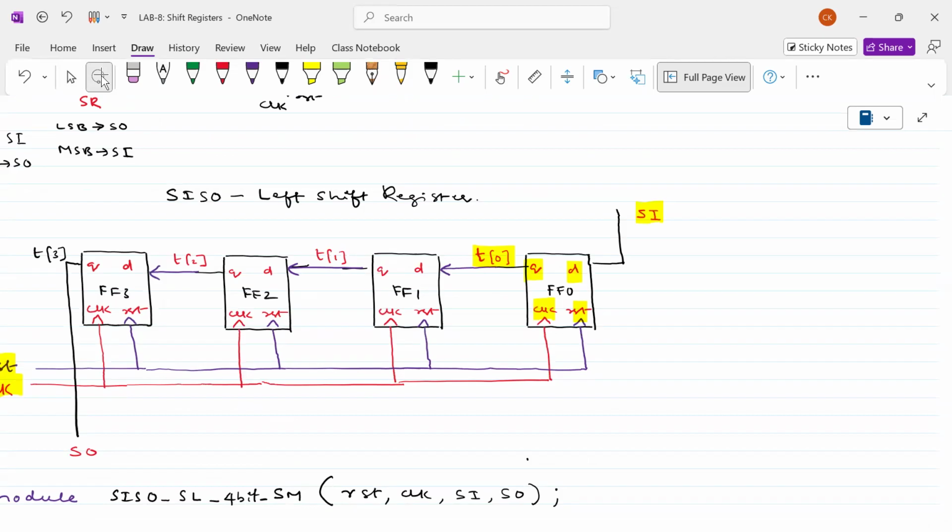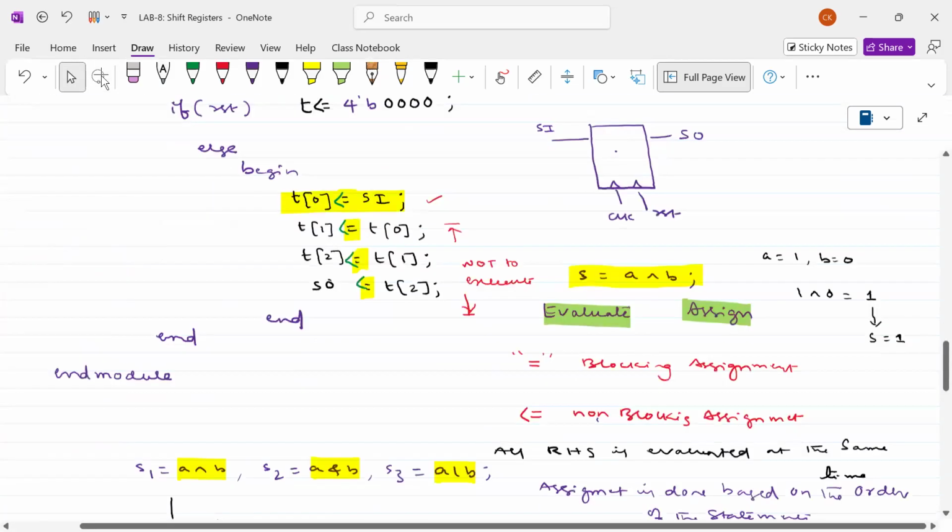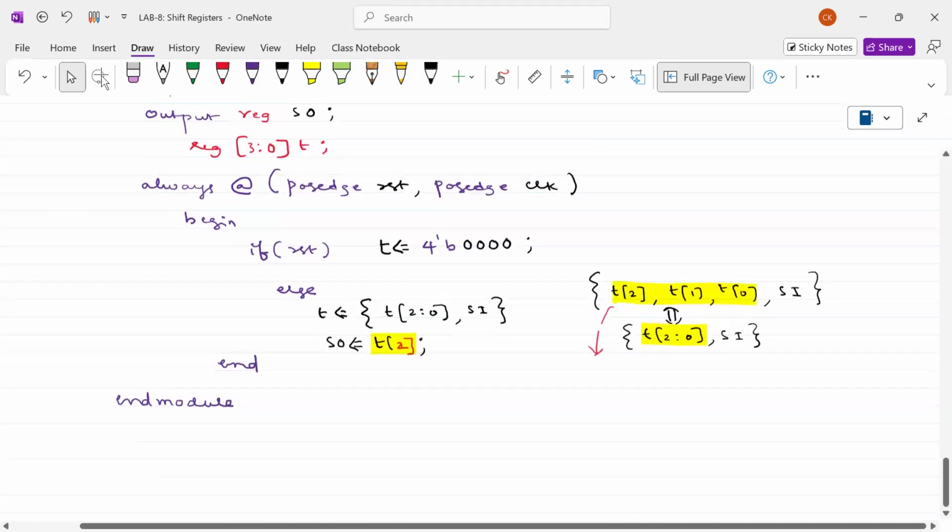The outputs: here T naught is one position, T1, and Q naught, Q1, Q2, Q3, for example. All these three flip-flops are available. For all these flip-flops I am taking use of T naught, T1, T2. T3 is not required. How can we modify this code then?